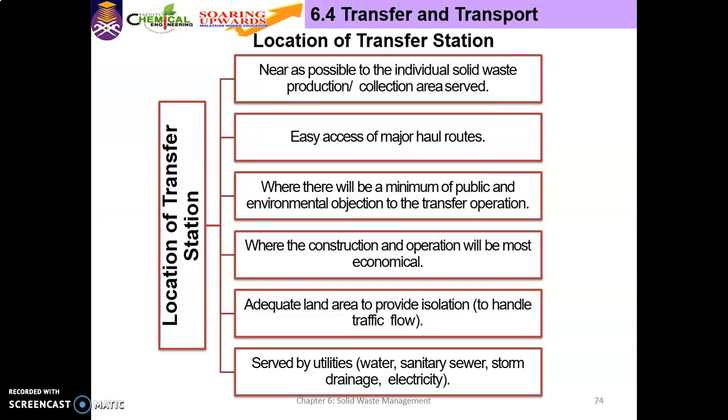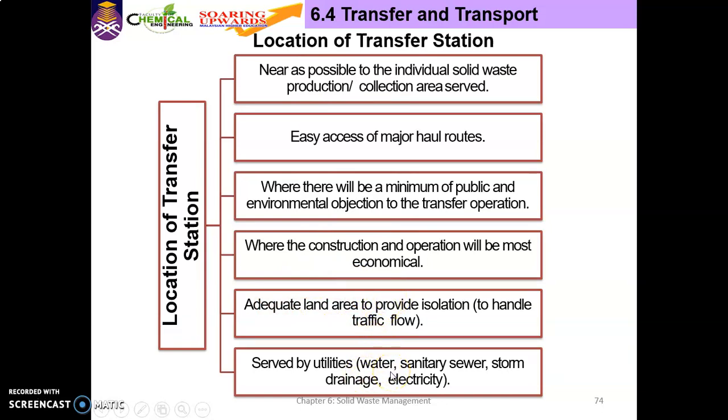Location of the transfer station should be as near as possible to the individual solid waste production, with easy access to major haul routes, and also where there will be a minimum of public and environmental objection, and also where the construction and operation will be most economical, with adequate land area, must be enough area, and served by utilities.